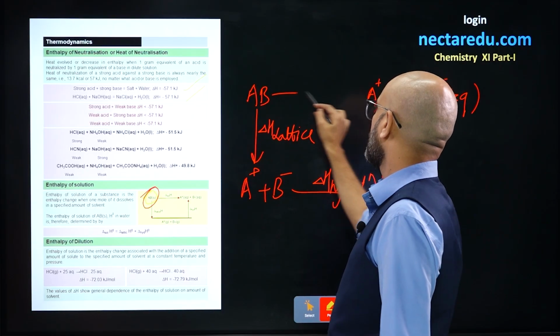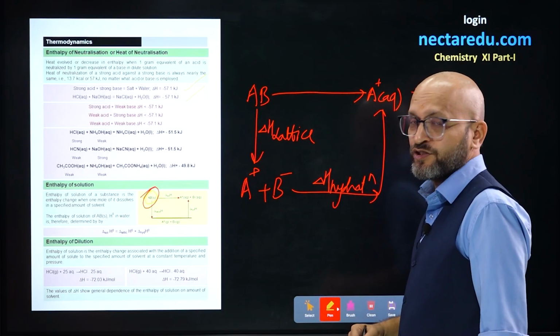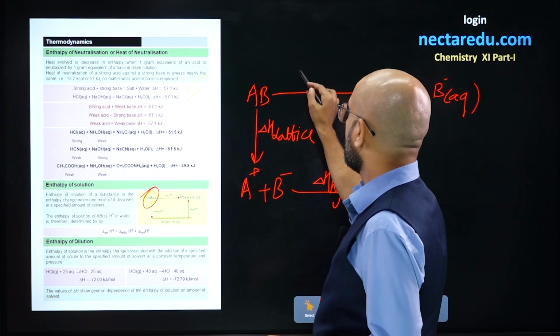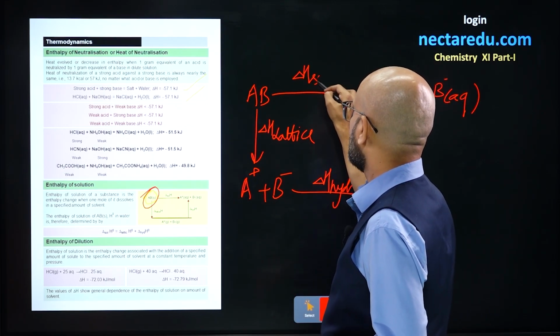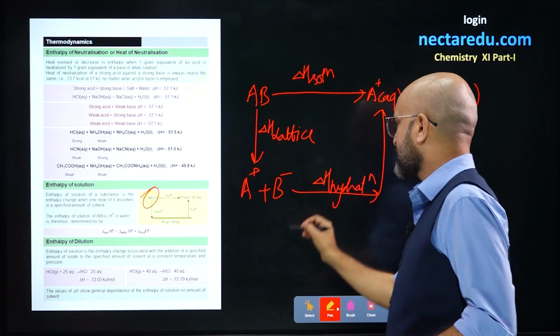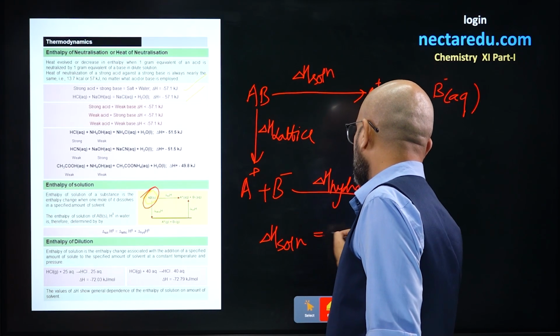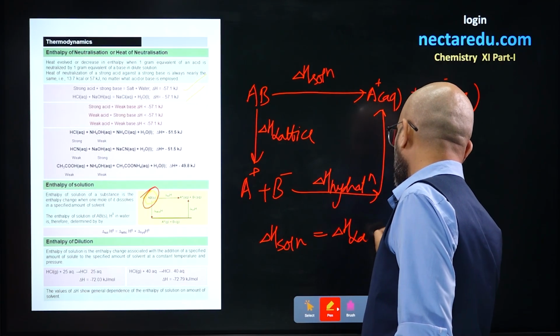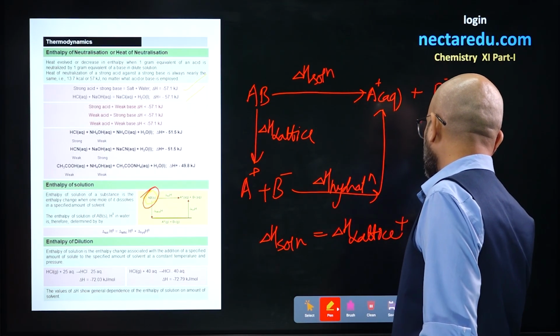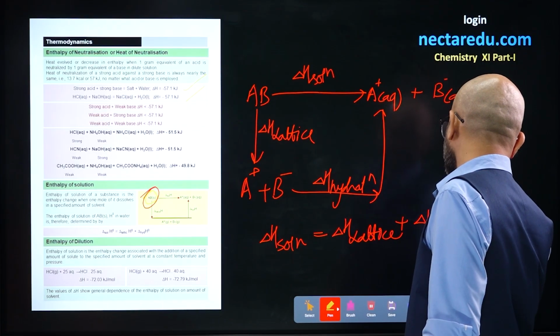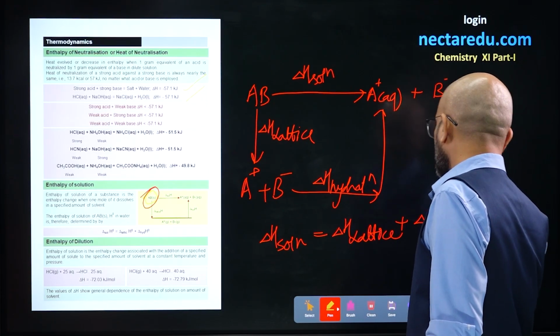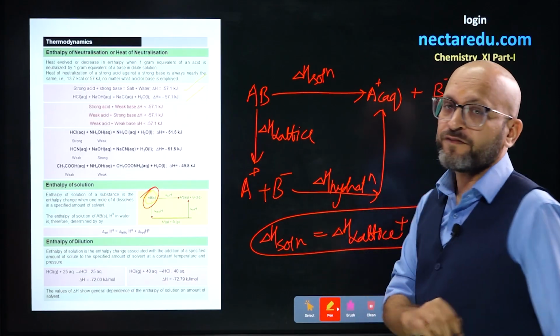From AB to A plus aqueous and B minus aqueous, this is known as enthalpy of solution. So delta H solution is equal to delta H lattice plus delta H hydration. So that is enthalpy of solution.